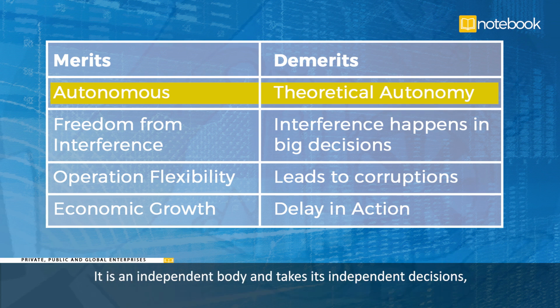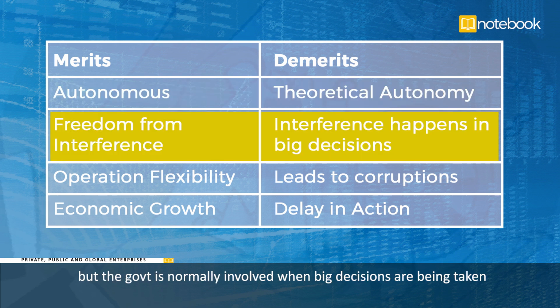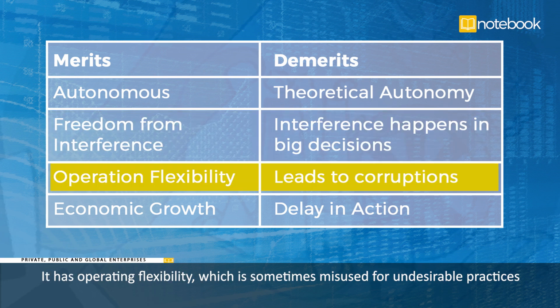It is an independent body and takes its independent decisions, but the government is normally involved when big decisions are being taken. It has operating flexibility, which is sometimes misused for undesirable practices.